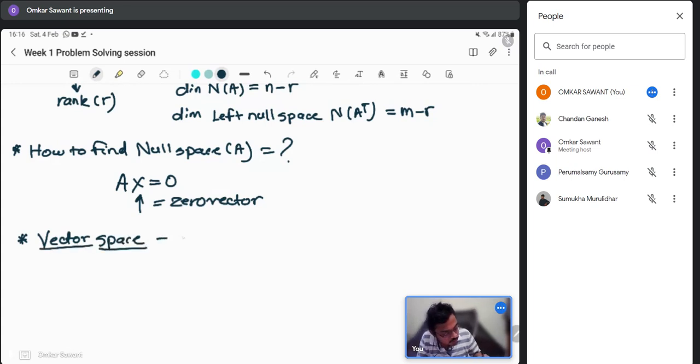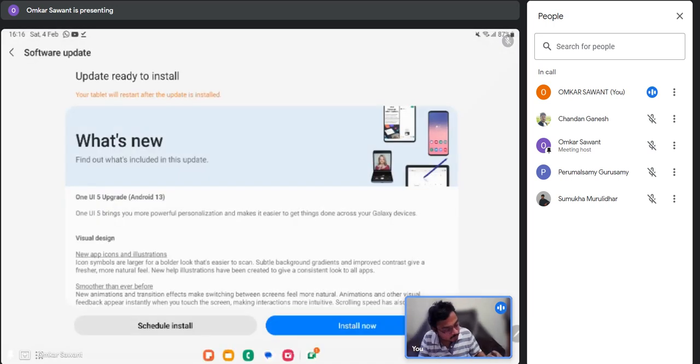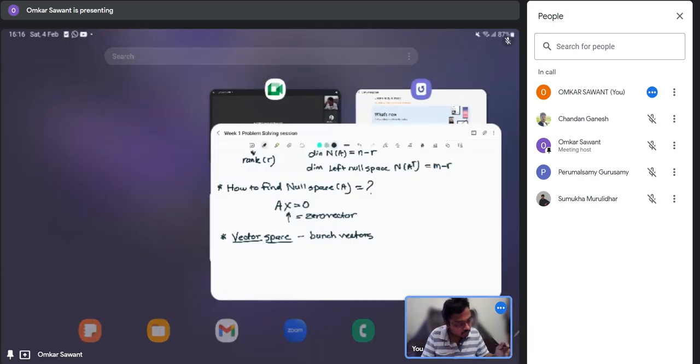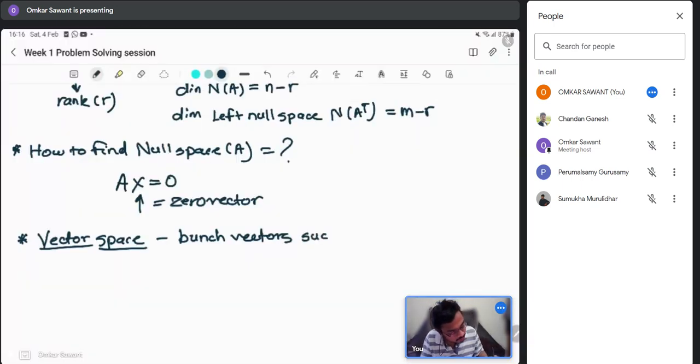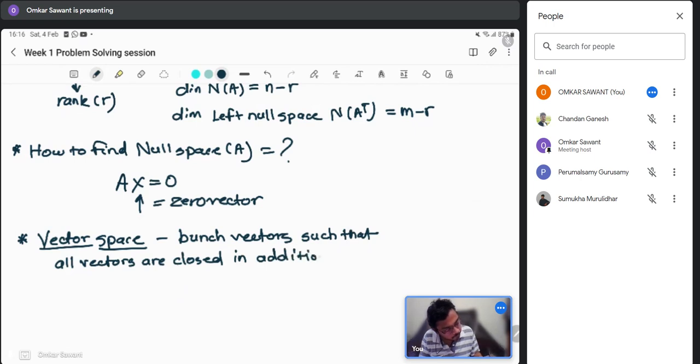It is a bunch of vectors such that all the vectors are closed under addition and linear combination. Okay, we can define the vector space in this way.